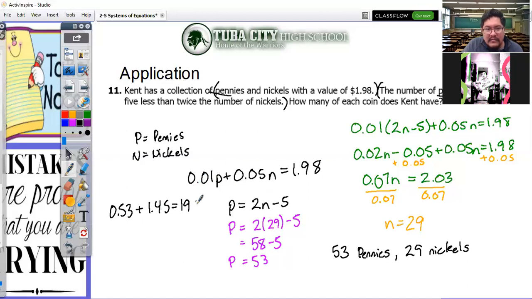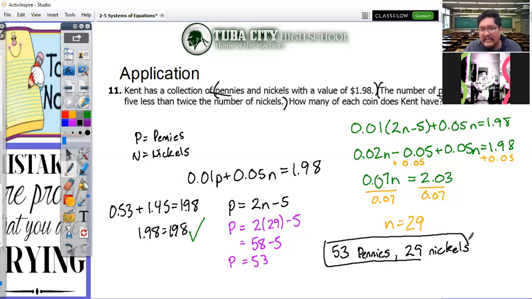Does that equal $1.98? Plus 0.53, and yes, it does. So 1.98 equals 1.98.